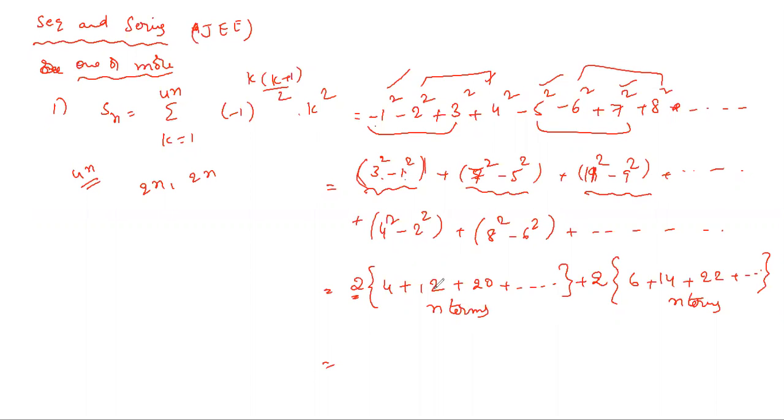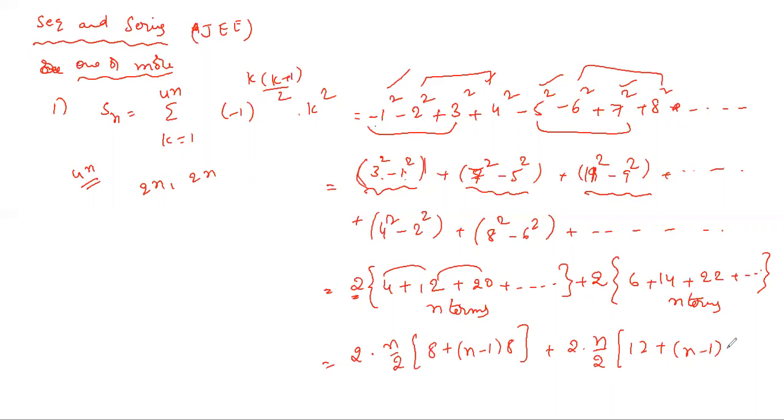This is an AP, so we use the sum of n terms in an AP: n by 2 into 2a plus n minus 1 into the difference. Here it is n by 2 into 2 times the first term plus n minus 1 into the common difference 8. Divide outside.